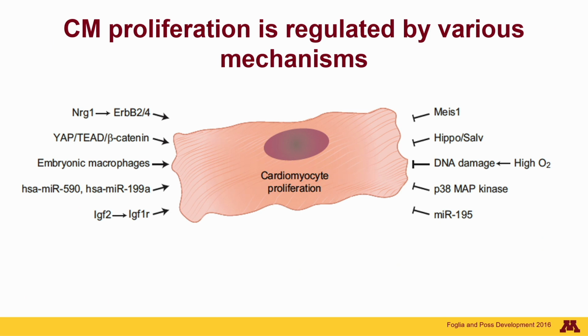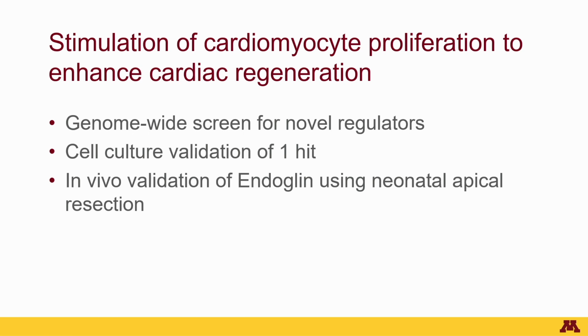By now, we know a lot of genes that can affect cardiac myocyte proliferation, but we hear more and more papers coming out every day that additional regulators of cardiac myocyte proliferation might exist. So to tackle whether we could identify additional regulators of cardiomyocyte proliferation, I started a project when I was still a postdoc in the lab of Jeff Molkentin, where we performed a genome-wide screen to identify novel regulators.